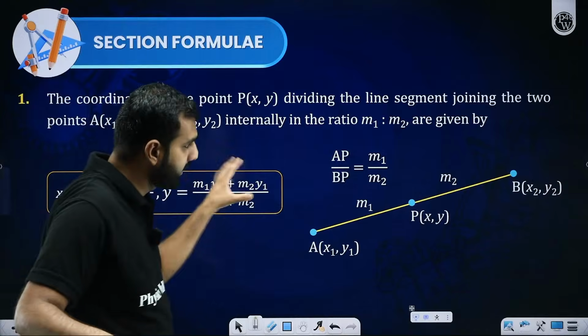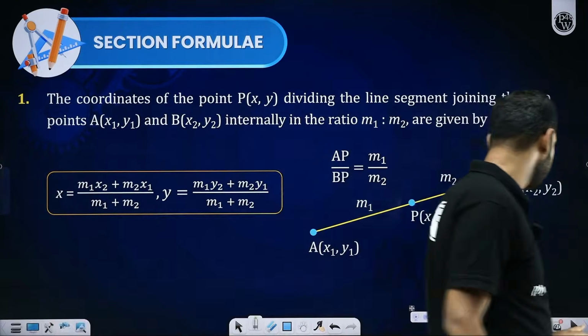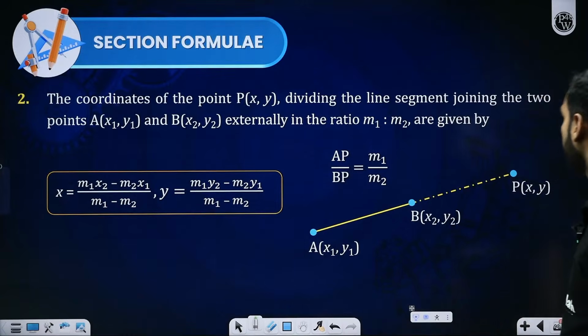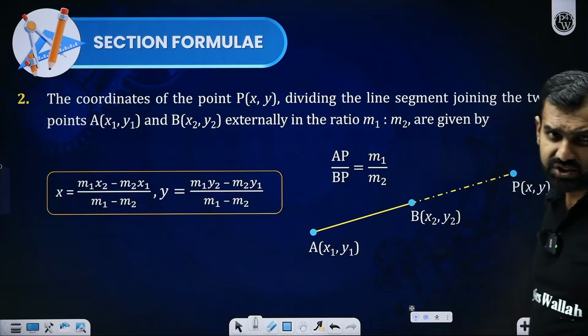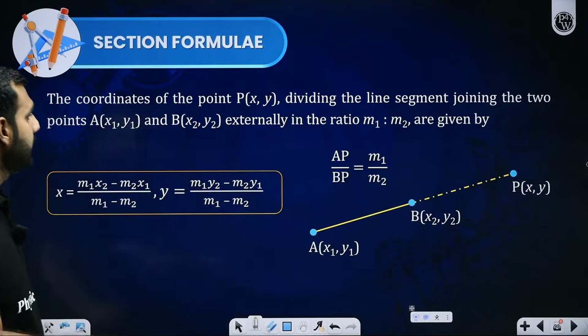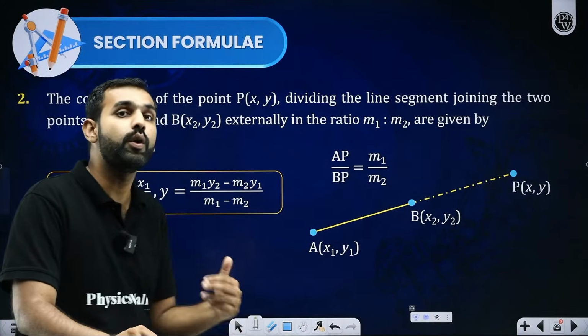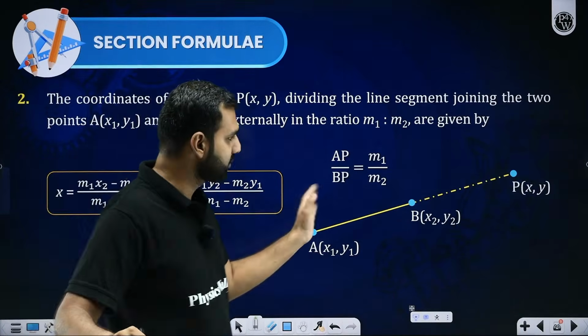Are you all understanding this? I hope it is comfortable, convenient, and clearly understandable. Yes or no, everyone? With this, the section formula is what we'll be discussing now. Sir, what is the section formula here? In terms of external division. Sir, what was that? It was internal division previously. It is external.